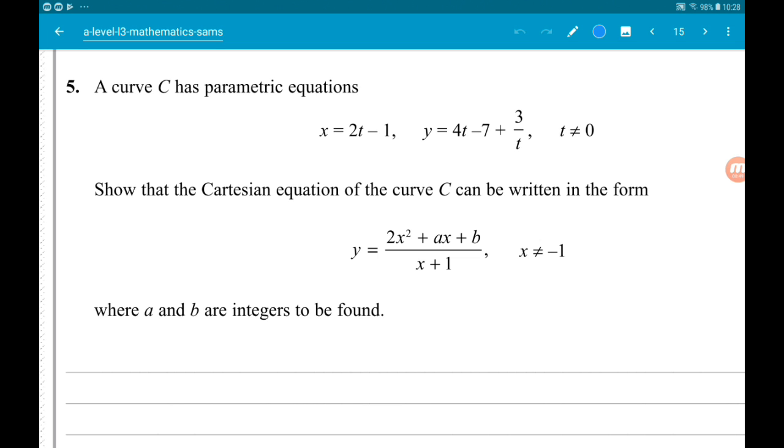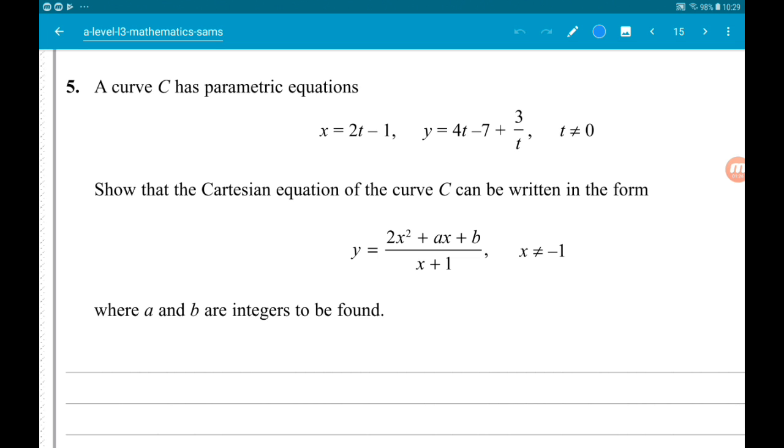Okay, so it's basically simultaneous equations, although because there are 3 variables, it's more like simultaneous formulas. So what we can do is rearrange the equation for x to get t on its own, so get t in terms of x, and then substitute that into y, and then do some magic.